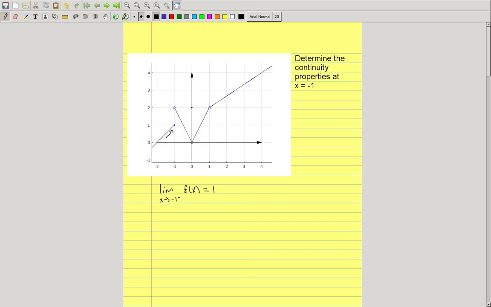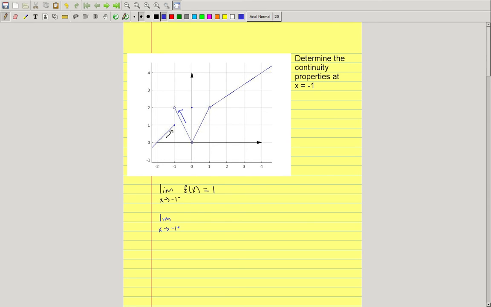Next, we're going to be looking at the limit as x approaches -1 from the right, and we will use a different color to make this easier to see. Now up here, we see that the function is behaving a little bit differently, and we're approaching a different value.